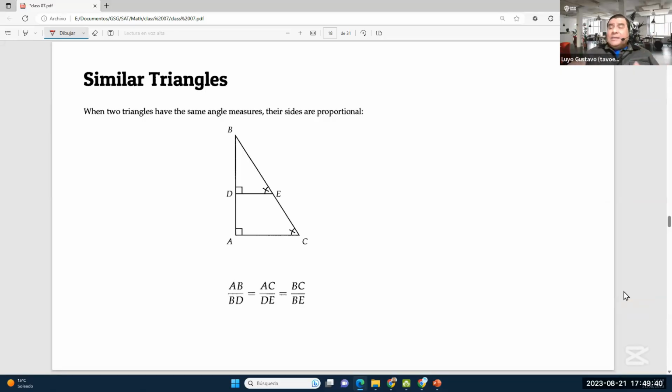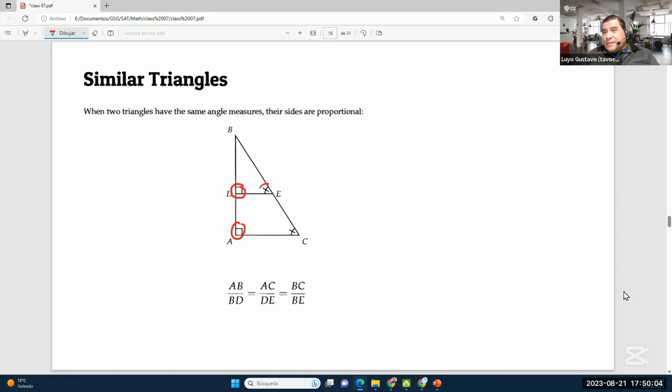That is to say, the sides that are opposite to the same angles in the two different triangles follow a common proportion. You can see here in these two triangles that we have drawn, it's two right triangles, so they have this common angle, of course.